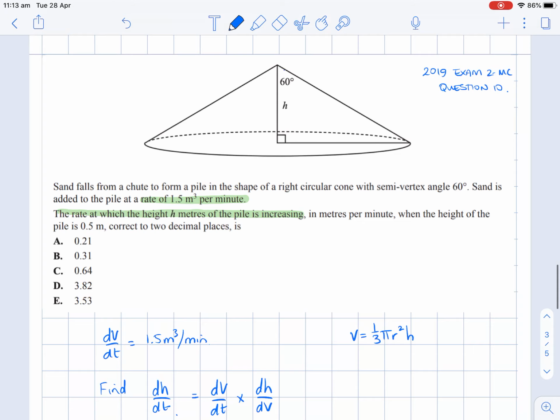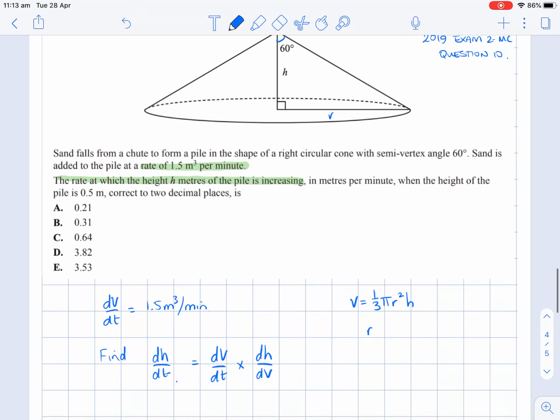And if I use this semi-vertical angle, I can write that the radius, let's go back a step. I'm trying to do too many things at once. I can say that tan of 60 degrees is equal to the radius divided by the height, so root 3 equals the radius on the height, and so r is equal to root 3 h.